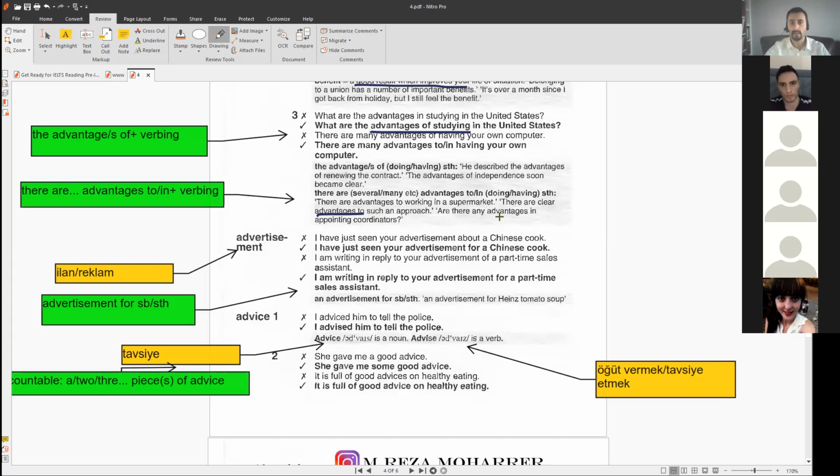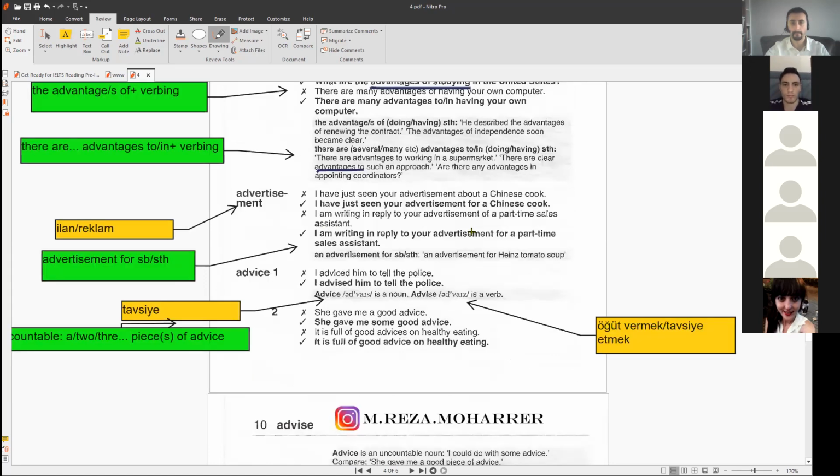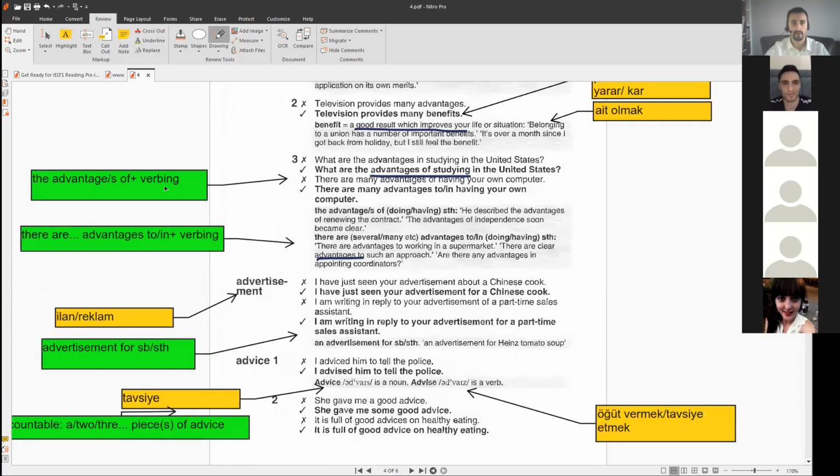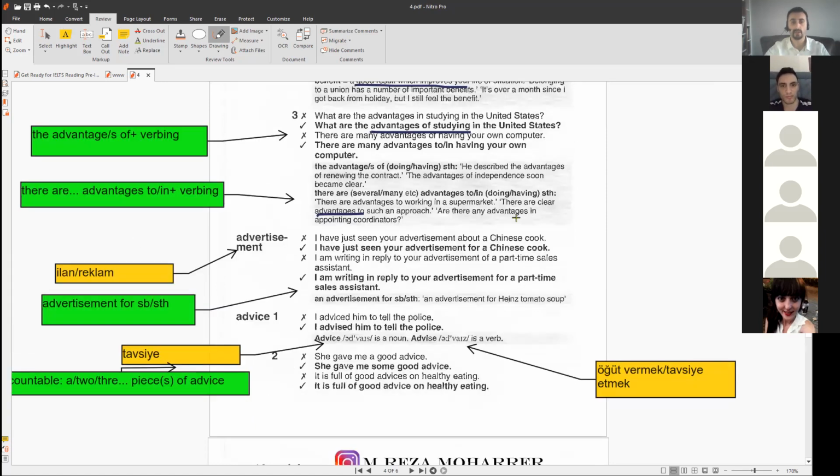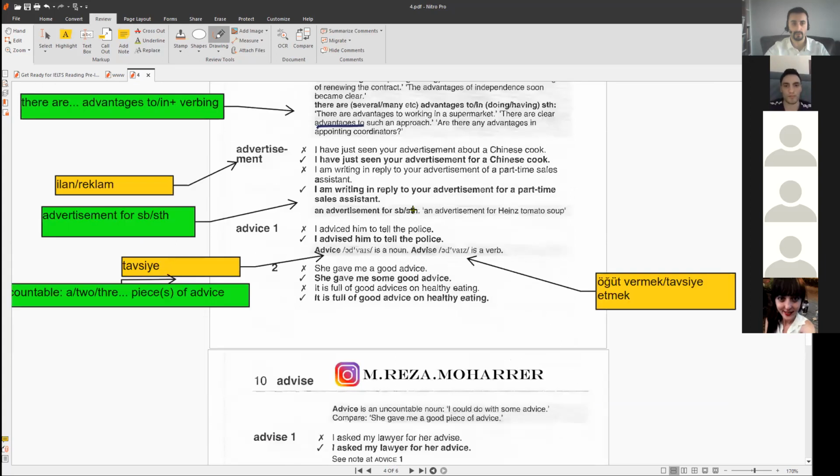And are there any advantages in appointing coordinators? Again, you see here, there are advantages to or in plus a verb in ing form. So these are the forms of using advantages. Advantages of doing something, and there are advantages to or in verb ing.